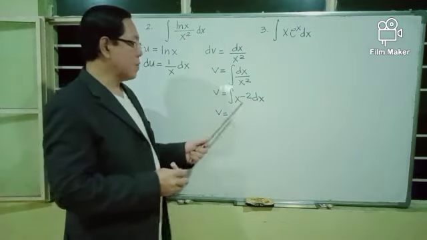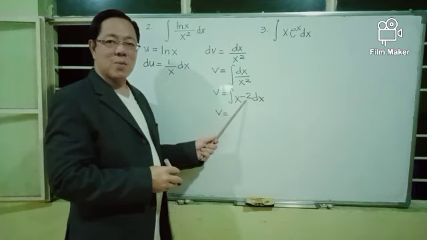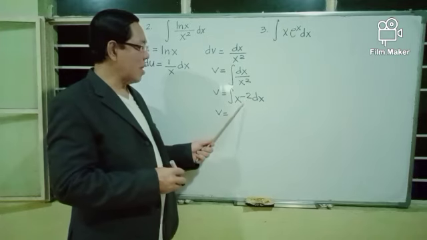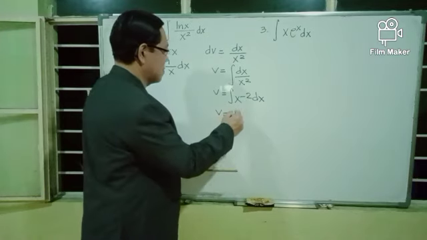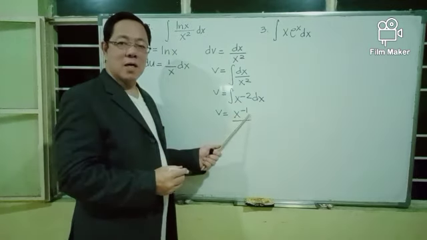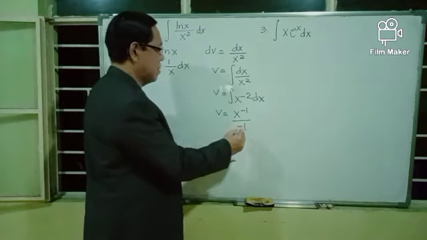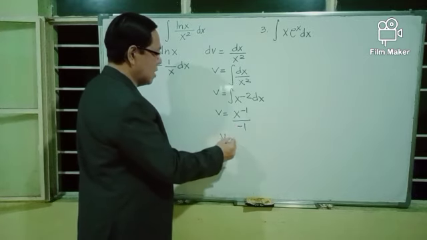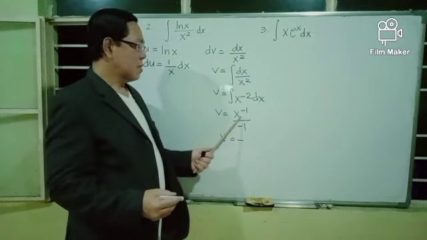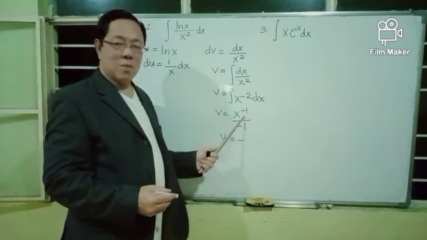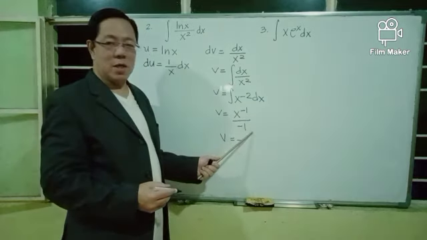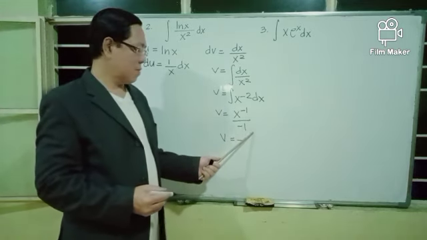By power rule, we add 1 to negative 2. Negative 2 plus 1 is negative 1. x to the negative 1, divided by negative 1, or v equals negative... Now we remove the negative exponent by taking x to the negative 1 to the denominator.